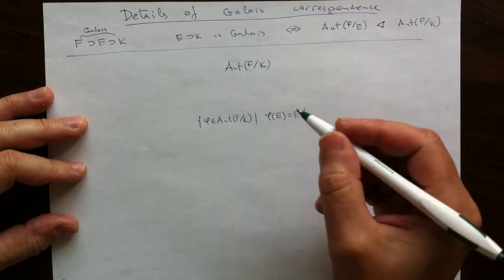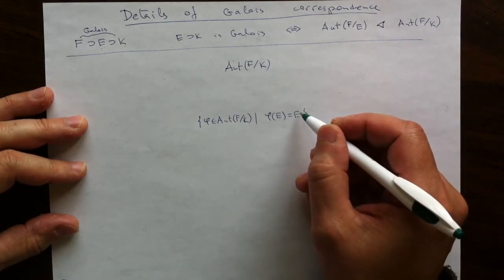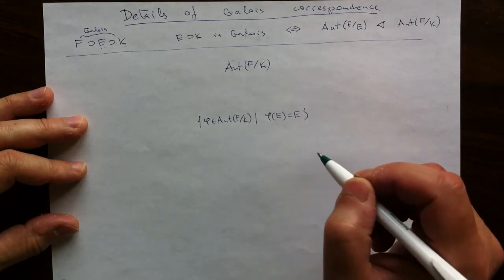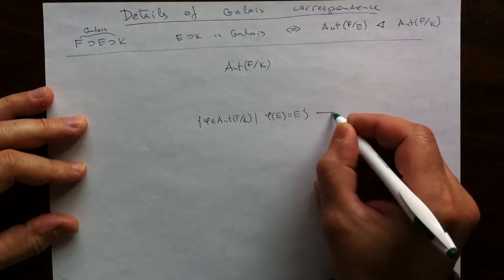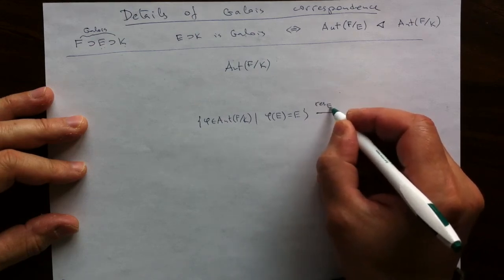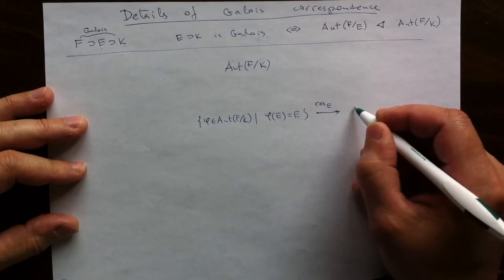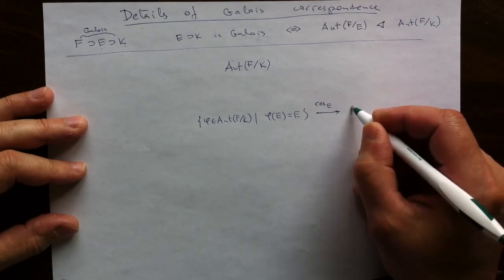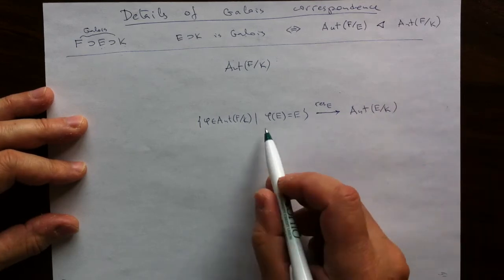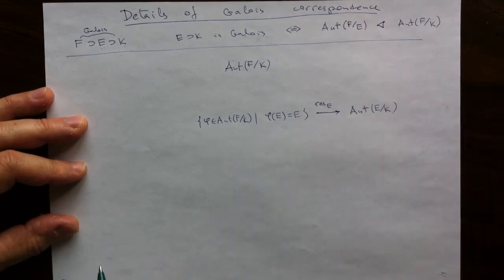Well, it's very straightforward to see that this is a subgroup. And I could look at what any such phi does inside E, to the elements of E. That procedure is called restriction to E. And I will be seeing some automorphism of E, and hence an element of this group. And of course this restriction is a group homomorphism.